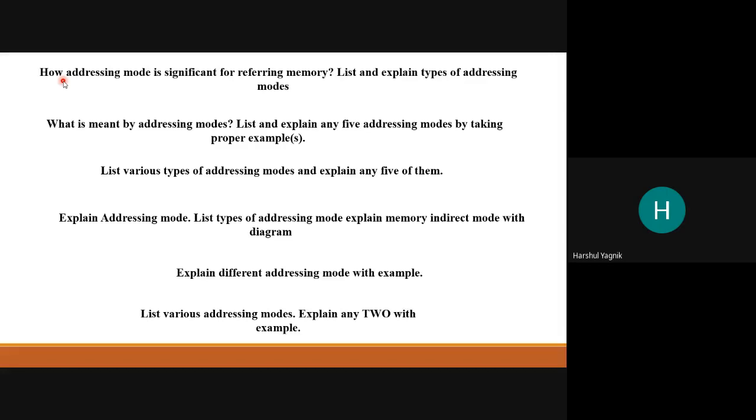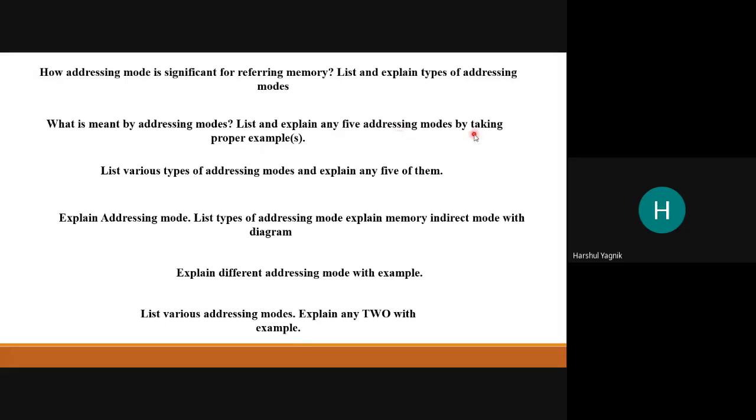The questions which are asked in your university examinations are these. How is addressing mode significant for referring memory? List and explain addressing modes. Another question that is asked is, what is meant by addressing modes? List and explain any 5 modes with a proper example.